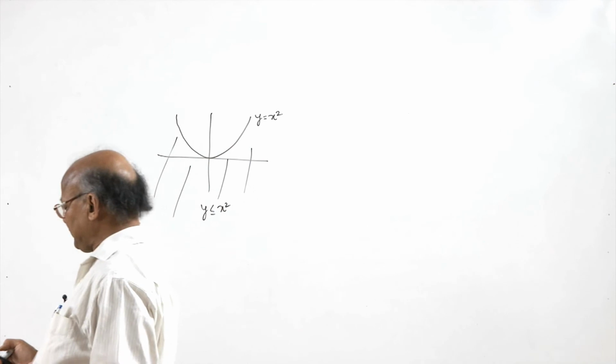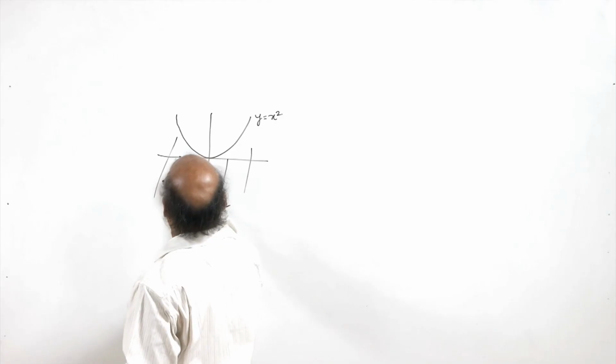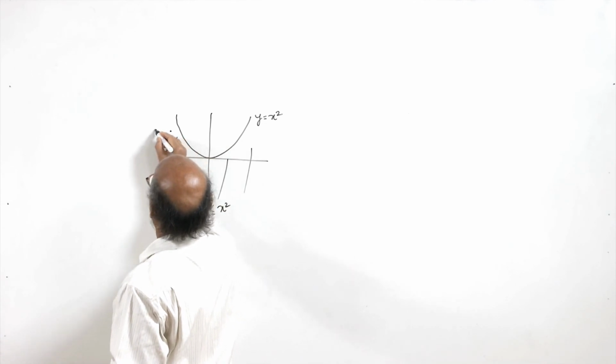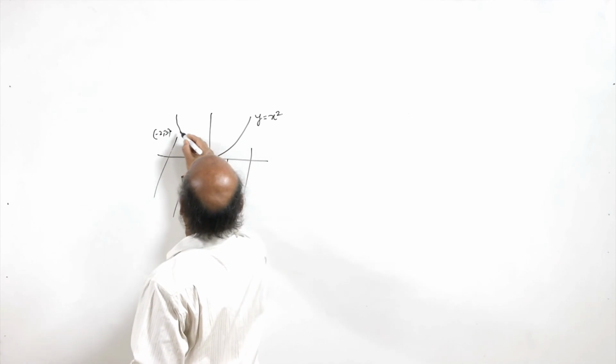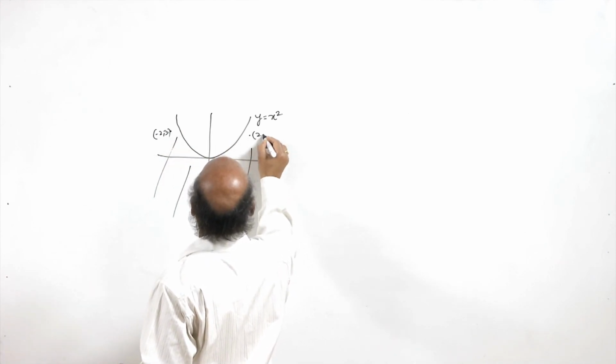Now, we have to find that path which is the shortest from the point minus 2, 3 to the point 2, 3. So, the point is here, let us say minus 2, 3, and there is a point here 2, 3.